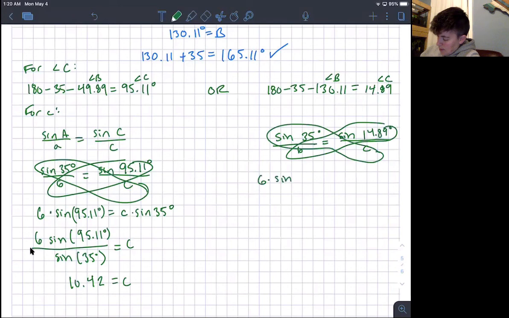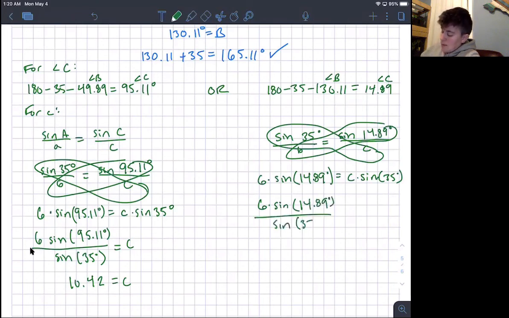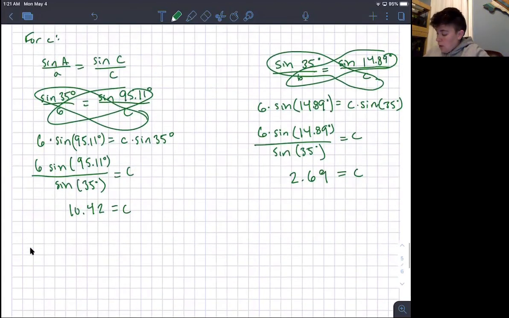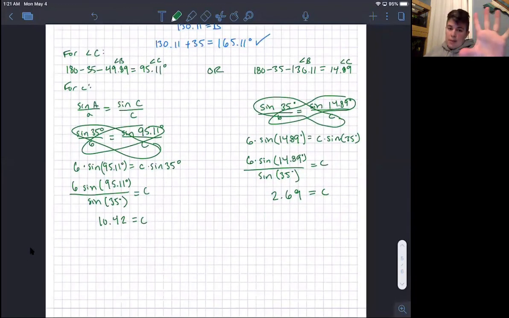So 6 times the sine of 14.89 degrees equals C times the sine of 35 degrees, which means 6 times the sine of 14.89 degrees divided by the sine of 35 degrees equals C. Let's use our trusty calculator. 6 times the sine of 14.89, divided by the sine of 35 equals 2.69. So C equals 2.69.